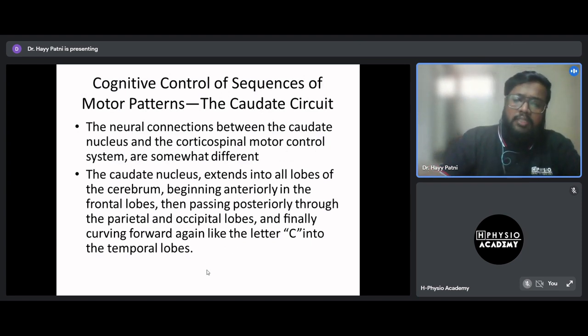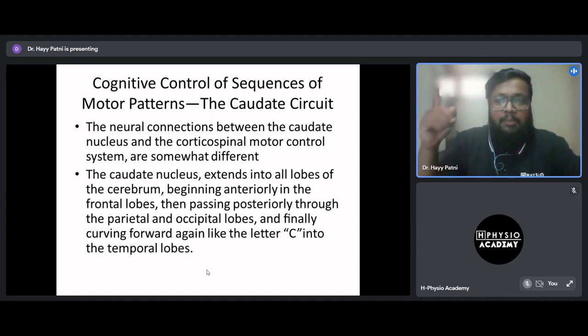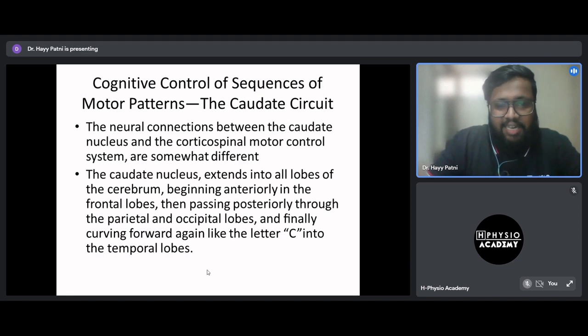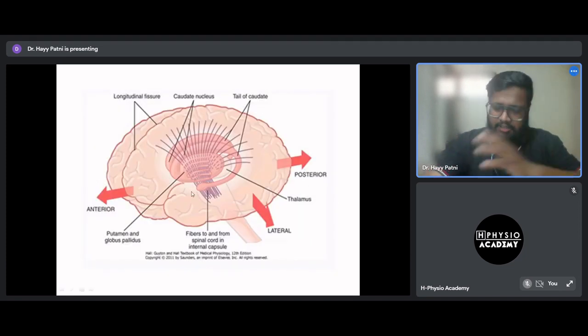So the caudate nucleus extends into all the lobes. As seen when we were going through the anatomy, we had seen the C-shaped structure of the caudate. It extends to all lobes of the cerebrum, beginning anteriorly in the frontal lobes, then passing posteriorly to the parietal and the occipital lobes, and finally curving forward again like the letter C into the temporal lobes. Exactly how we had seen in the previous image, if you can remember, in the first episode.